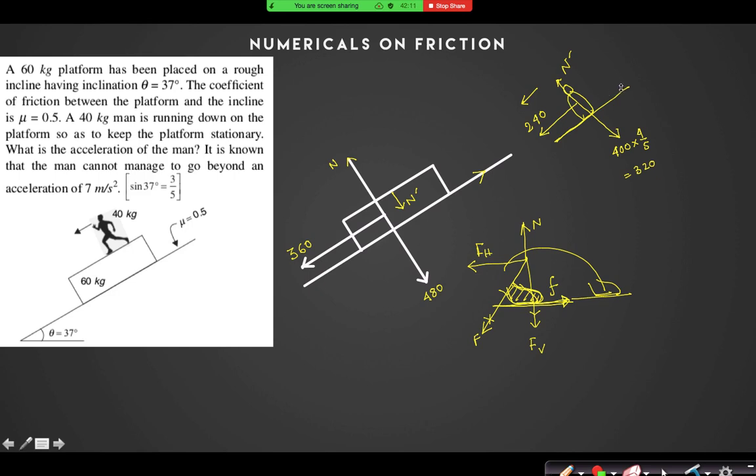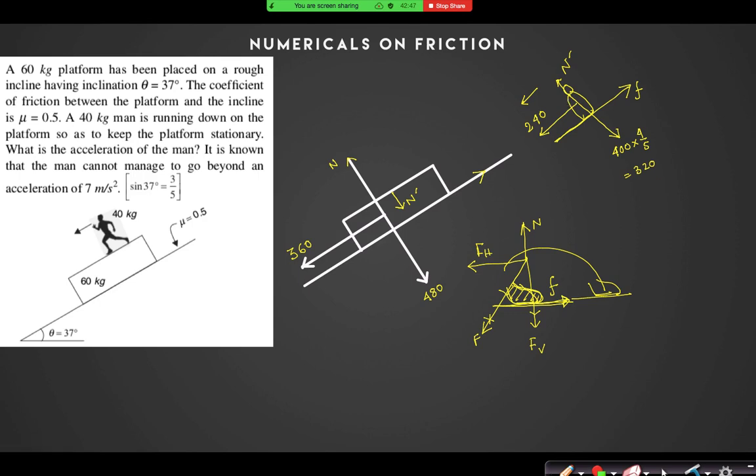In order to find the minimum value of acceleration, the friction between the person and the platform will act upward on the person. Is that clear? Look, this type of friction is static, so the friction can act in any direction. You only have to balance the free body diagram. Suppose the person is coming downhill, and after some time he finds that he is accelerating too much.